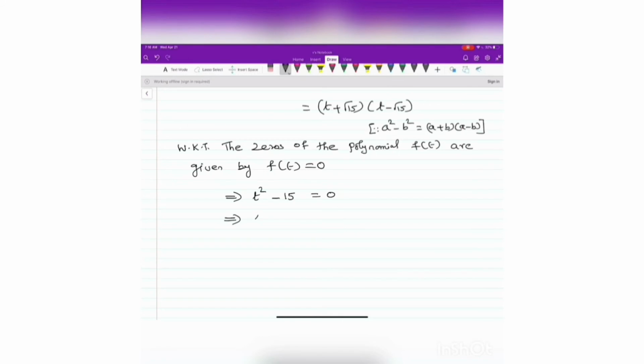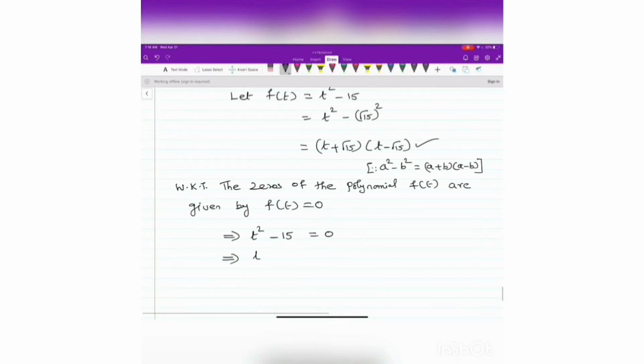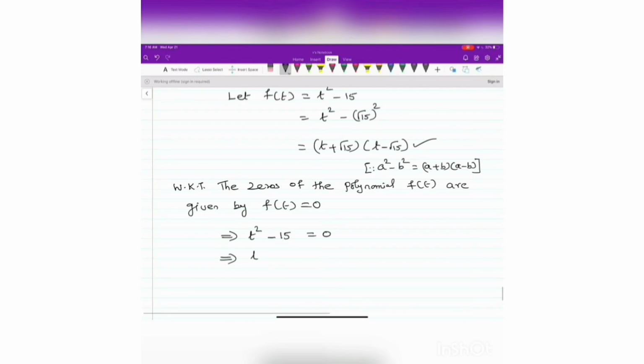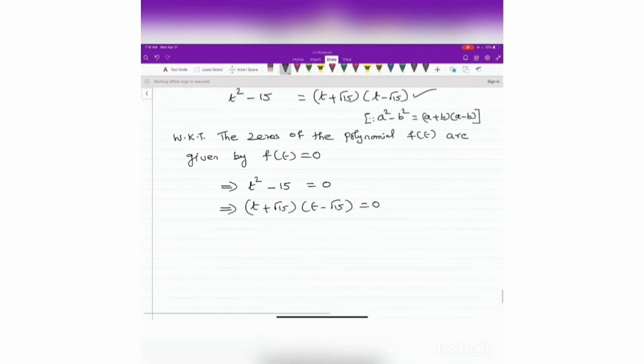Now t square minus 15 we got as t plus root 15 into t minus root 15, equal to 0.